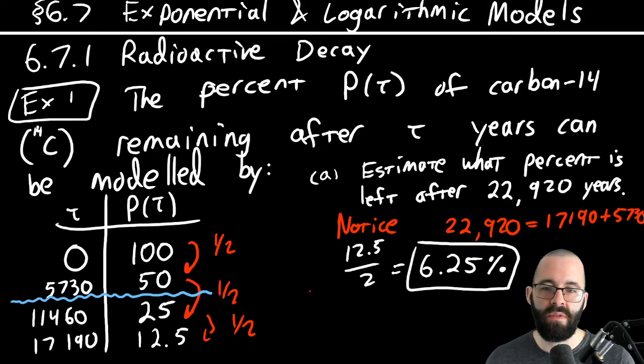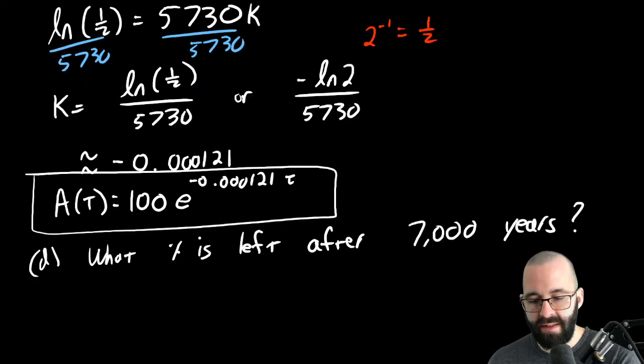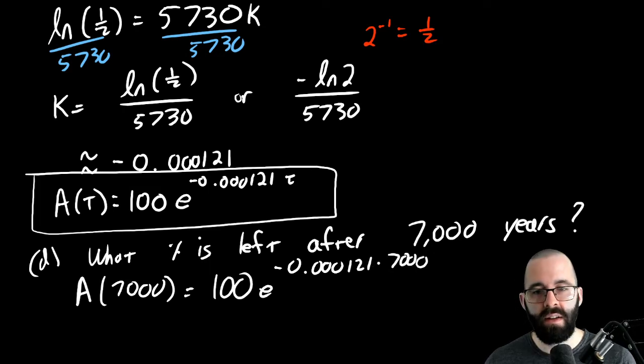I don't know. It's going to be somewhere between 25 and 50%. And we can get a good guess with this function. It's just finding what percent is left after 7,000 years. Plug in 7,000 years into our formula and see what we get.